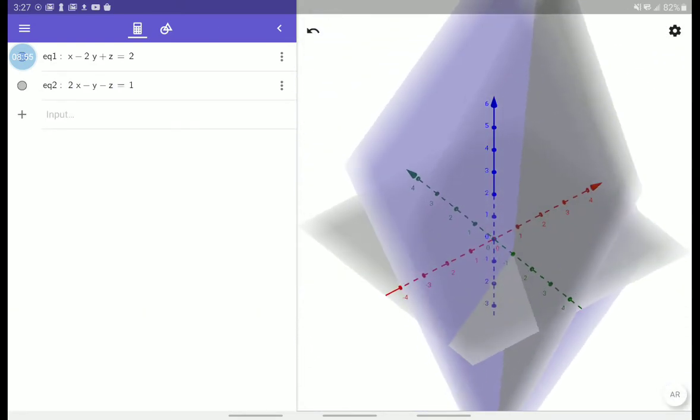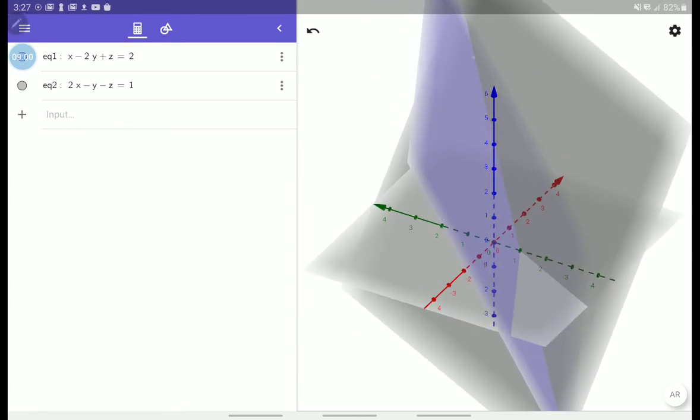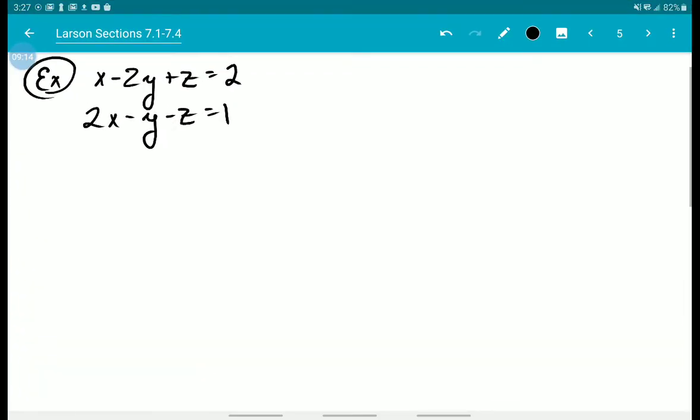You can see if we rotate that there is an intersection. This is going to be an infinite intersection, which means we're going to end up with the equation of that line in 3 dimensions, only it's going to be written in something called parametric form, which we'll talk about in just a little bit.